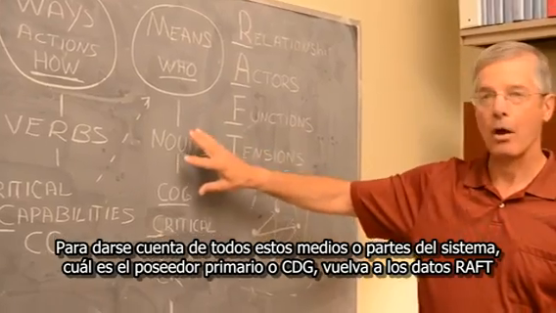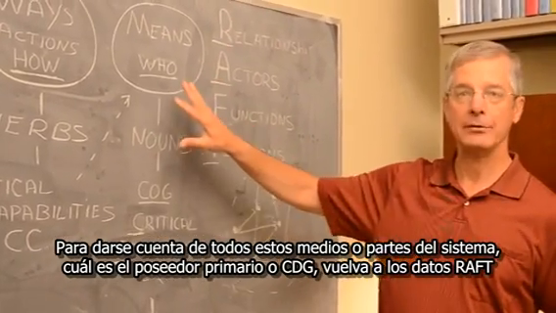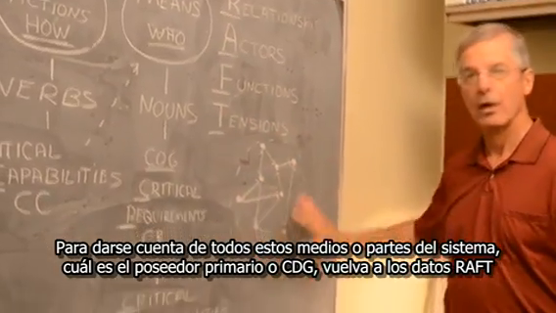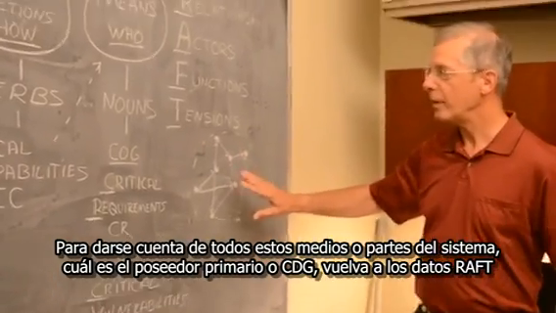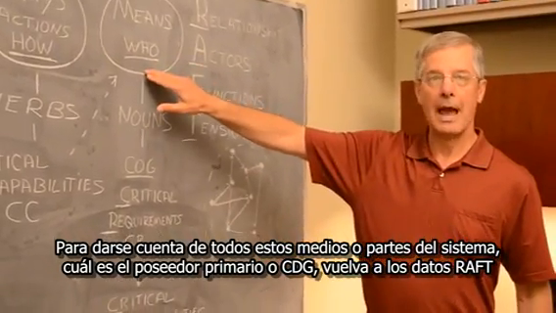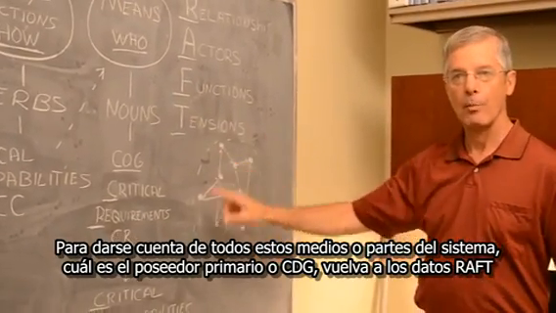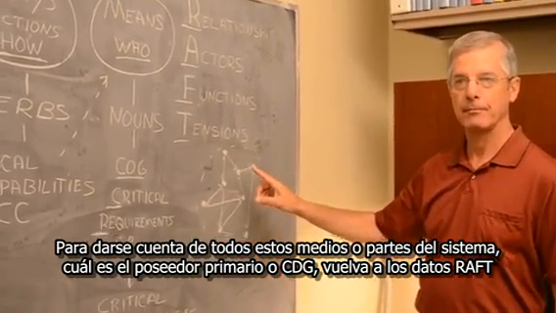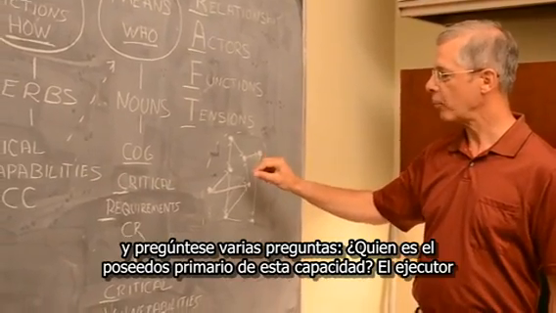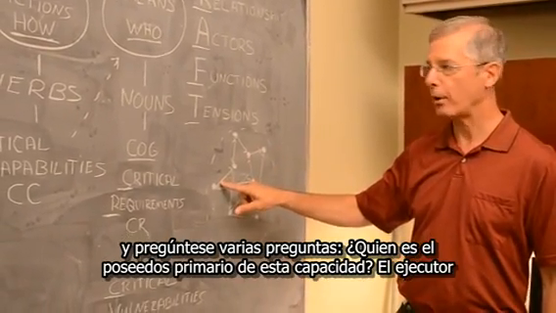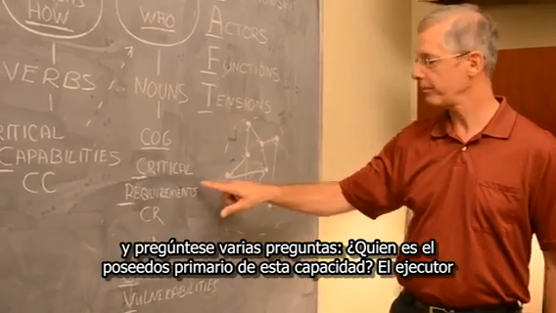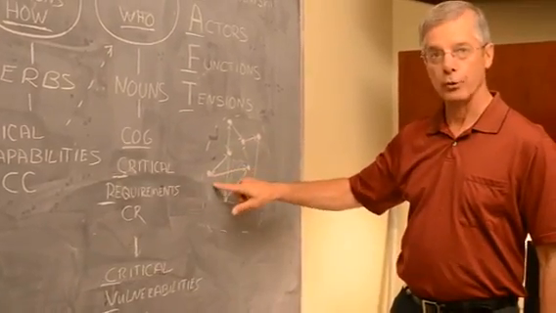Now, to figure out of all your means, or all the parts of your system, which is the actual possessor or the COG, you need to go back to your RAF data, then ask several questions. Who is the primary possessor of this capability? The doer.